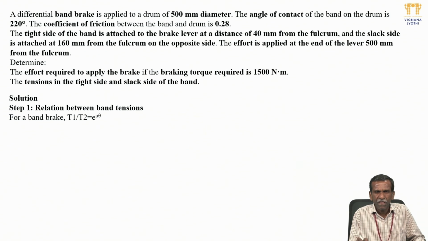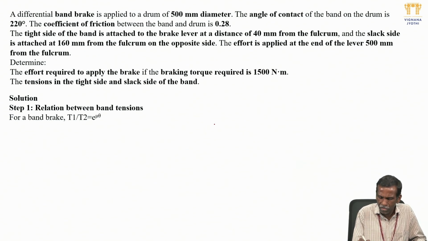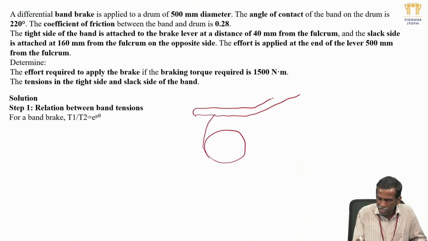Then if you come to the differential band brake, as you know, this is the drum and this is the band. This lever consists of two arms, like this, and this is the pivot point.